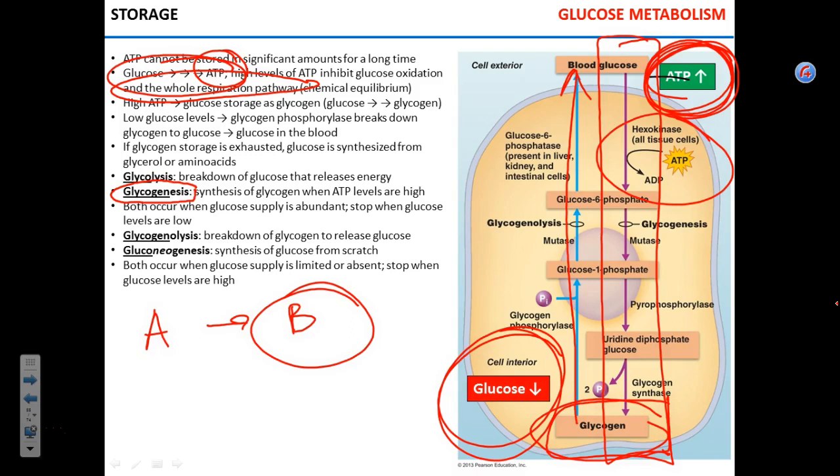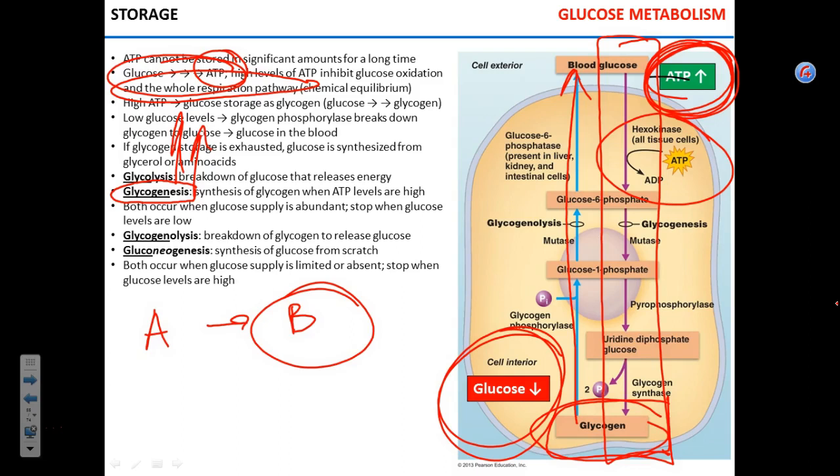Glycolysis and subsequent oxidative respiration. Does that make sense? Glycolysis goes up. When we have maximum levels of ATP in the cells, what's going to be next? Glycogenesis. Okay?